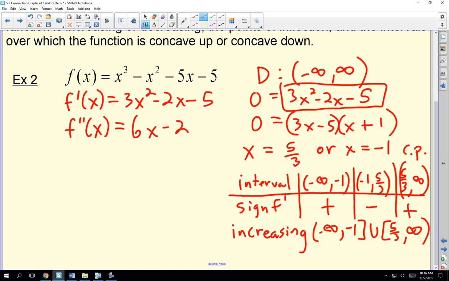So decreasing, super formal definition here, weirdness, but decreasing from -1 to 5/3. -1 to 5/3. And then you could answer the question about relative maxes and mins too. We could do that now if we want.